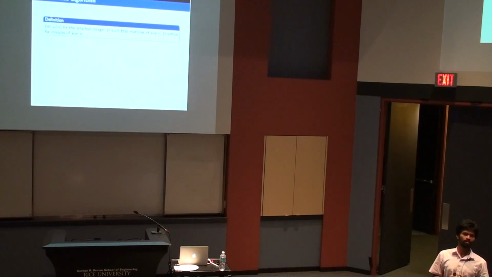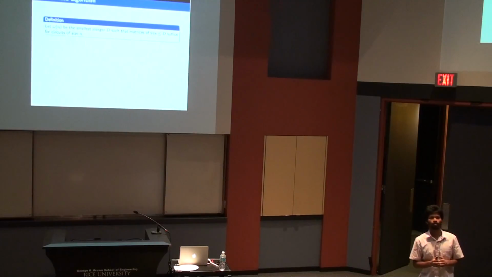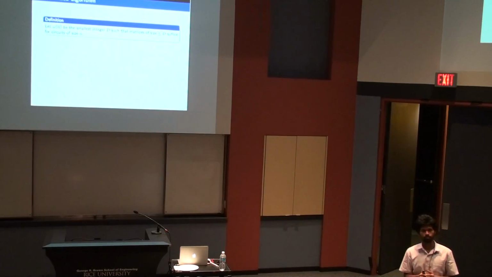I think the question is coming from the fact that it says that matrices of size less than or equal to D will suffice, and if D is the smallest number that will suffice over all, then matrices of size less than D would necessarily not suffice. That's correct. It's the same. Another way to say this is D is the smallest number such that there exists some circuit of size n so that D minus 1 matrices don't give you the right answer. Is that clear?